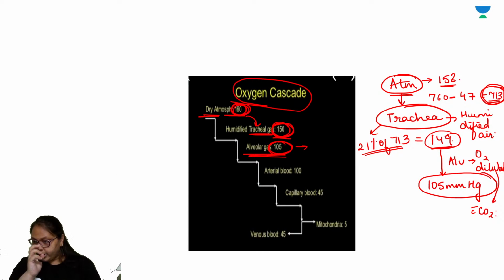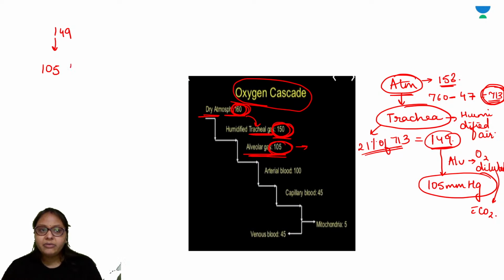Are you getting my point, Dr. Zubair? Any doubts in this? So from 149 it is coming down to 105 in the alveoli because it is diluted with carbon dioxide, and that is known as alveolar gas equation.